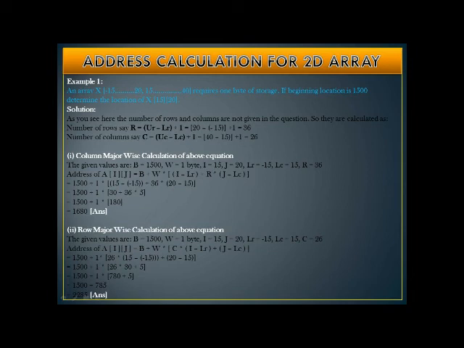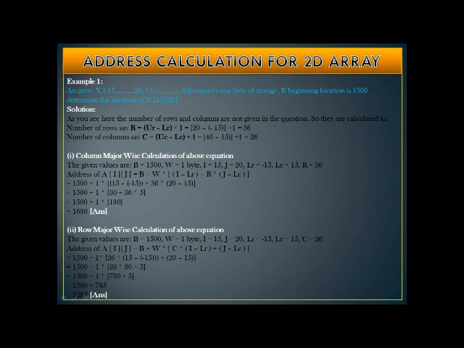Using column major, the formula was the address of A[i][j], where i equals 15 and j equals 20. B is the base address, which is 1500. W is the width, that is 1 byte. LR is the lower limit of the row, that is minus 15.